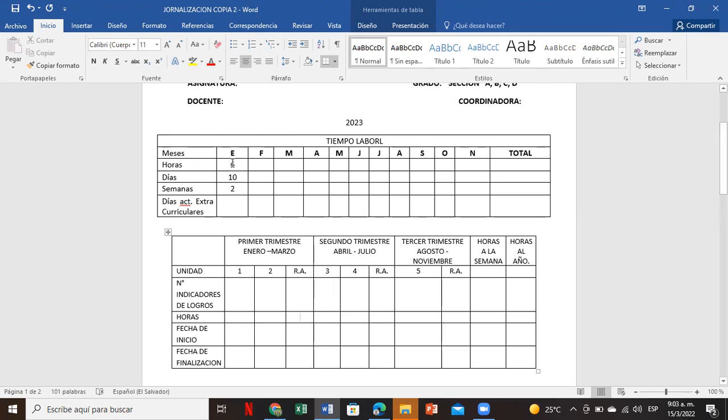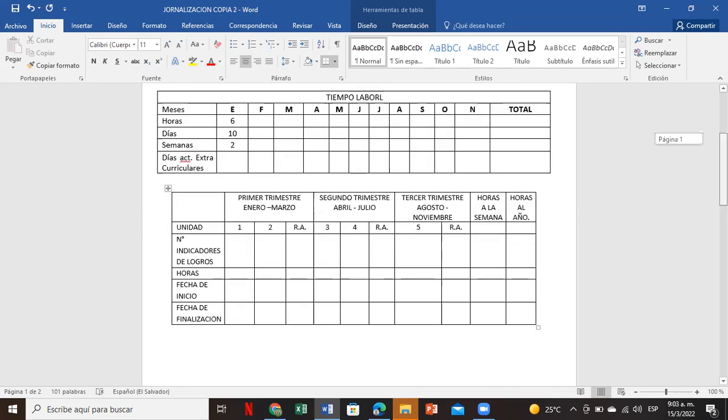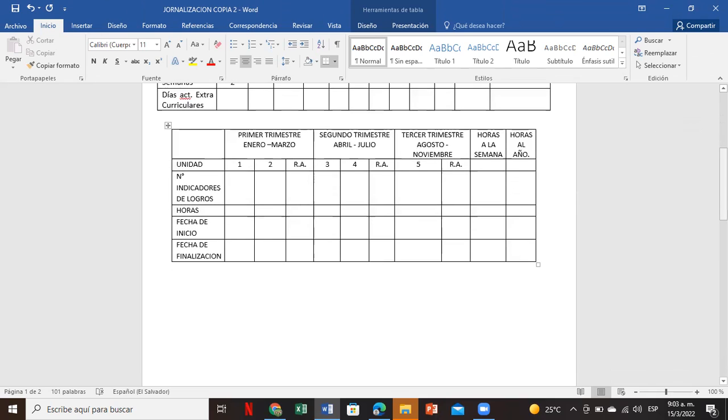You are going to count January, February, and March, and supposedly we got 20 hours. Supposedly, this is just a supposition. Okay, so in this case, you are going to write down here, we got 20. Okay, from April to July, we got 30.